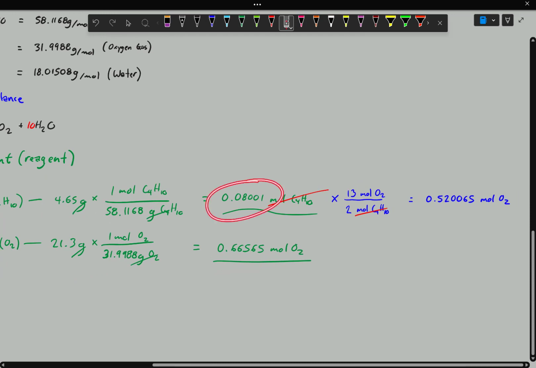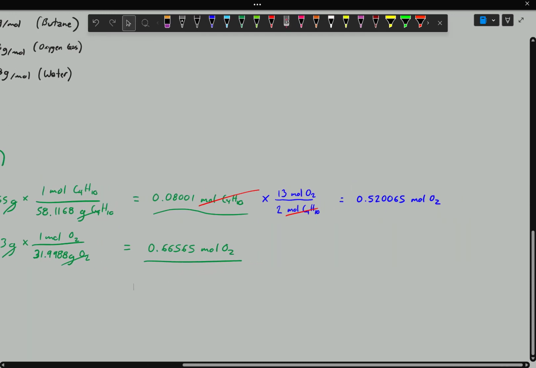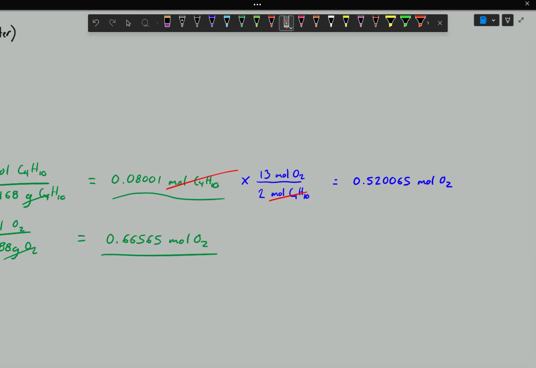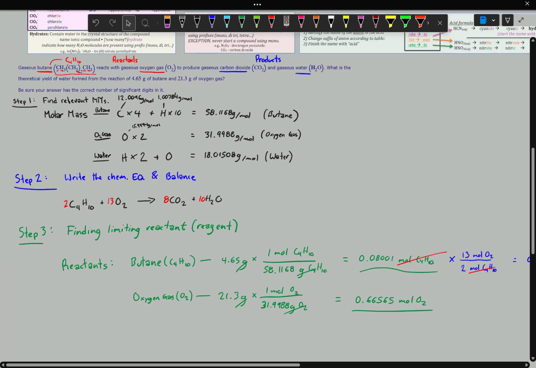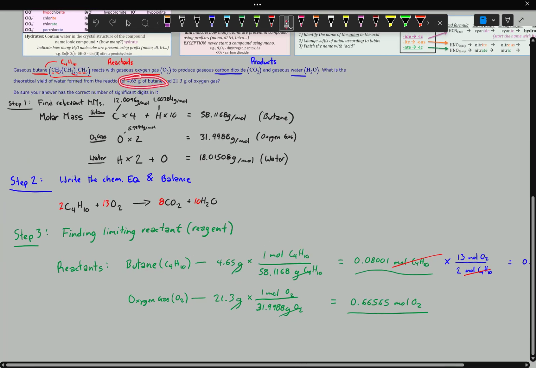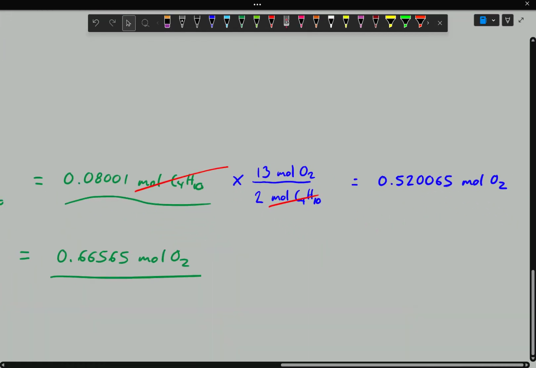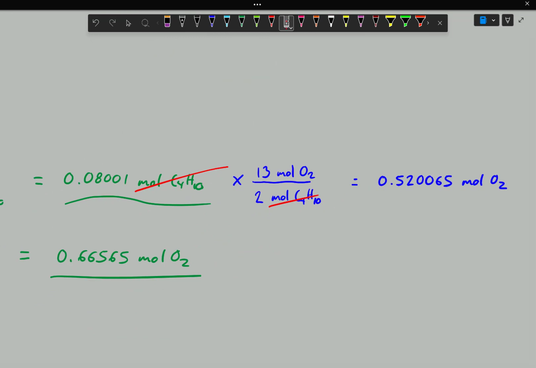is needed for this amount of butane. And this is really all the information we need, because we've discovered that the provided amount of butane in the problem, which if we look back at the problem is 4.65 grams of butane, will use up 0.52 moles of oxygen.